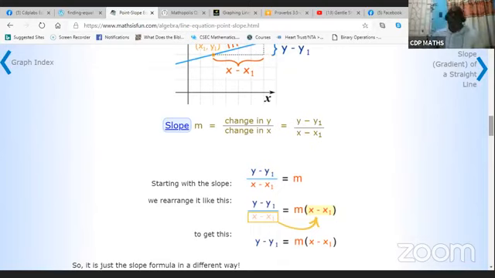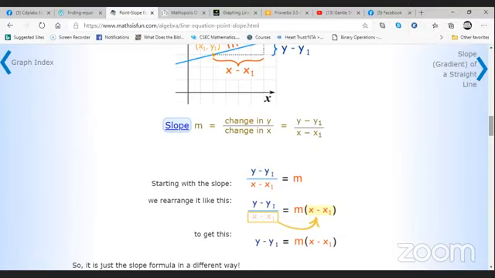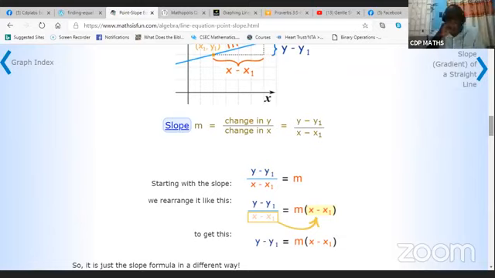When you're using examples, you must use your eyes. God willing, each week we'll be doing that eye test. Use your eyes so you can see what they are doing. So they start off with the slope, then they rearrange it.